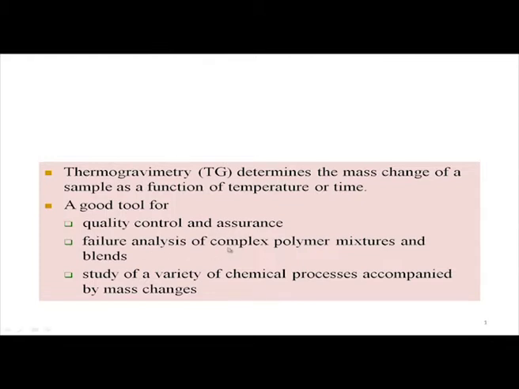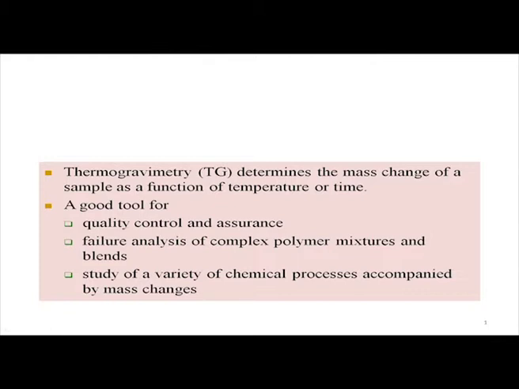So, for this complex species we can go for the thermal stability analysis, and the failure analysis of these polymer mixtures and the blends will discard them for their useful use. And also we can use this for a variety of chemical processes accompanied by mass change. So, we will just take that example.